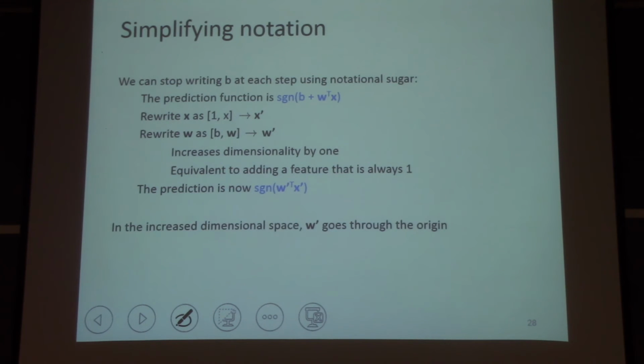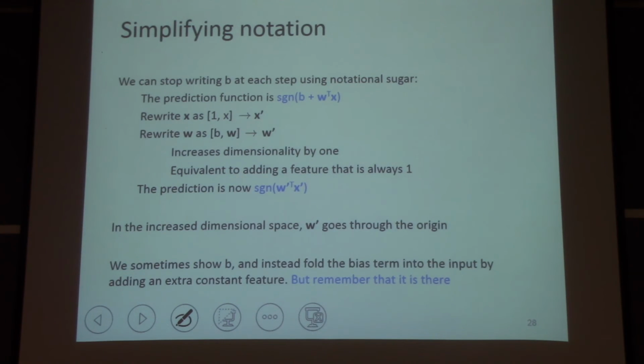In this new n plus 1 dimensional space, there is no bias, so this hyperplane w prime goes through the origin. But because there is a constant feature, there is a bias term. This is just notational convenience, does not change the algebra at all, it just makes life a lot easier because you don't have to keep carrying this b around, and it makes the math simpler.